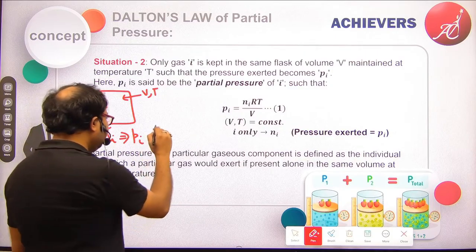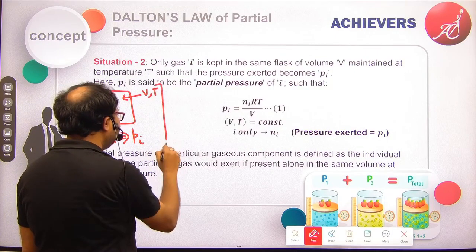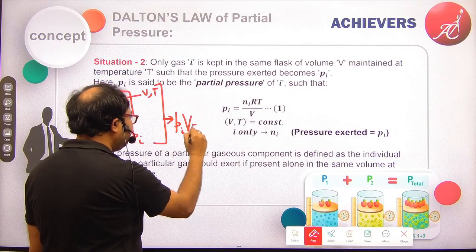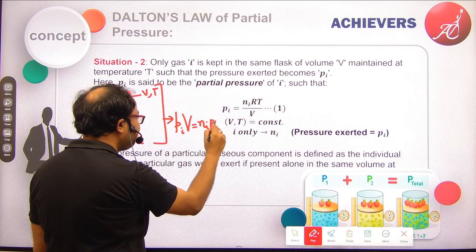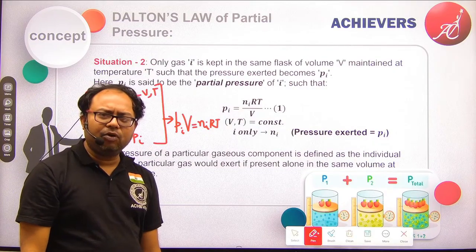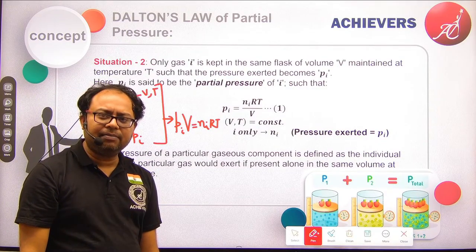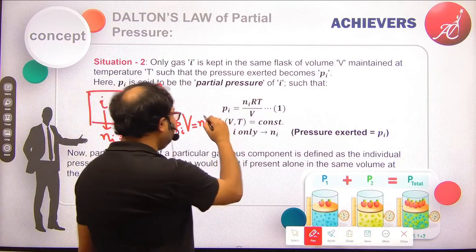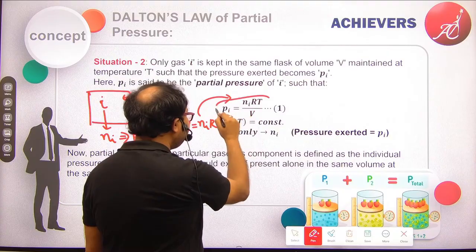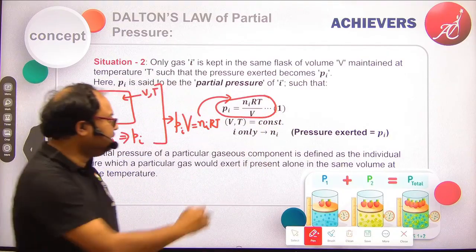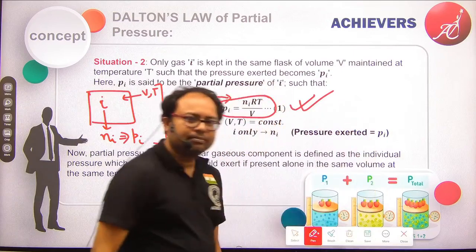Then obviously, by ideal gas law, Pi multiplied by V should be equal to NiRT. Pressure multiplied by volume equal to number of moles multiplied by RT. That means Pi should be equal to NiRT by V. So this is our equation number 1.